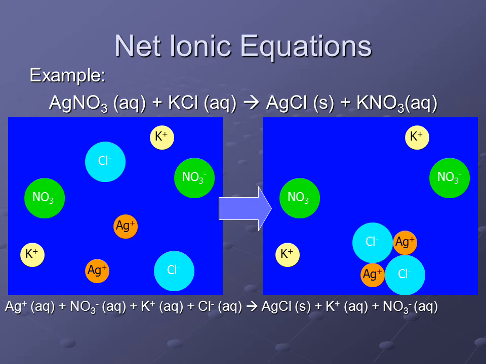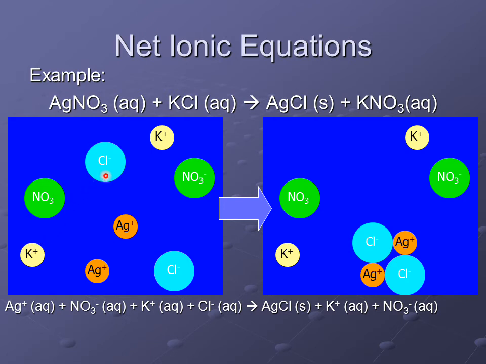So if we look at, well, first of all, the example up here, this line is what you're used to seeing for a chemical reaction. That's called the molecular equation. Now, if we look at it on an ion by ion basis, we're going to have silver ions, nitrate ions, potassium ions, and chloride ions.